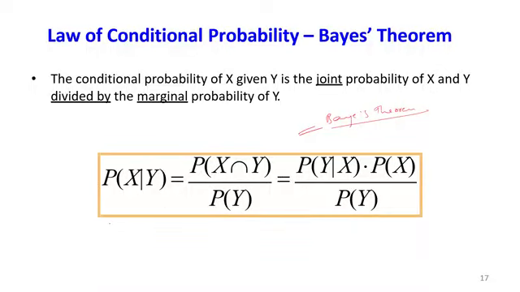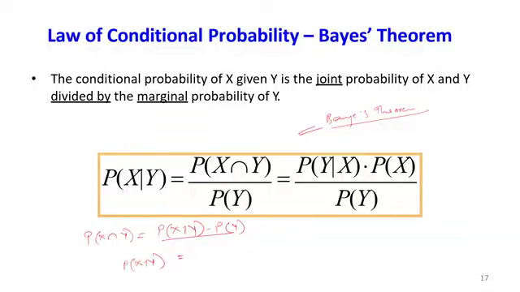The way it has been derived is, P(x intersection y), as we have just seen, is P(x given y) into P(y). You can just alter this equation and put it like this.